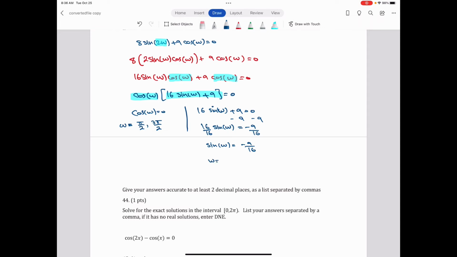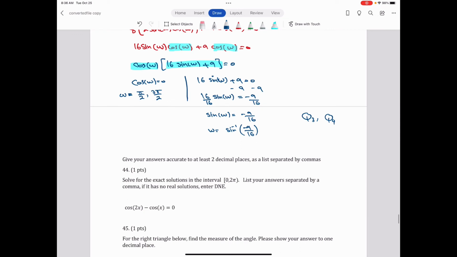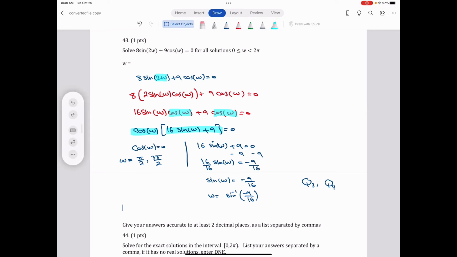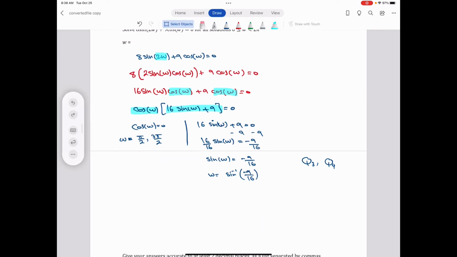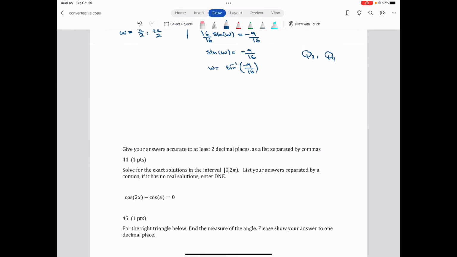Now w is the inverse sine of -9 over 16. I know that sine is negative in the third quadrant or fourth quadrant. Now I'm going to plug this into my calculator in radians mode. You will get w is approximately -0.5974.